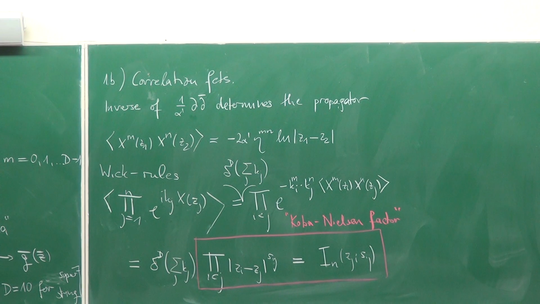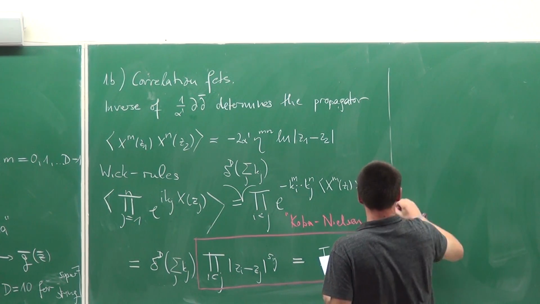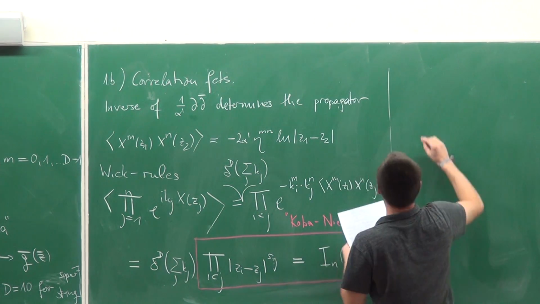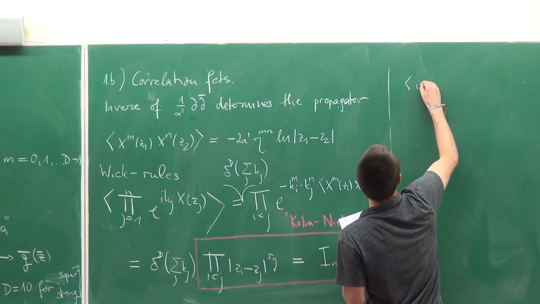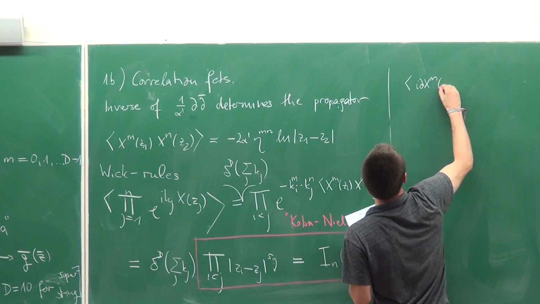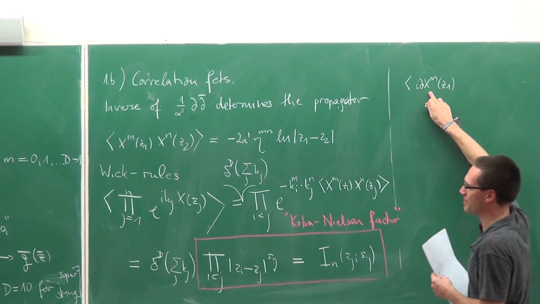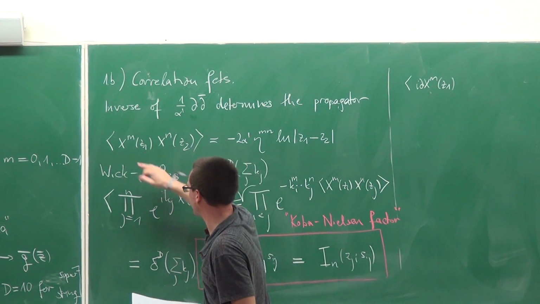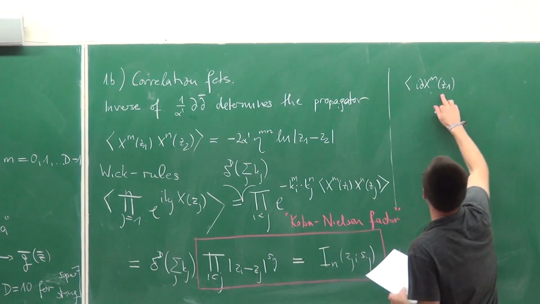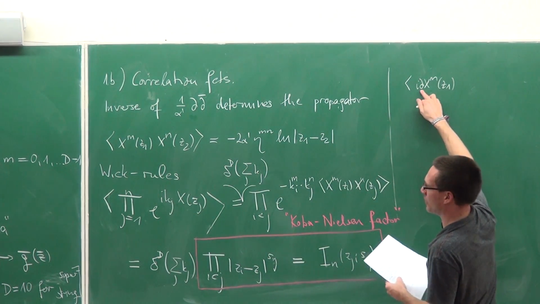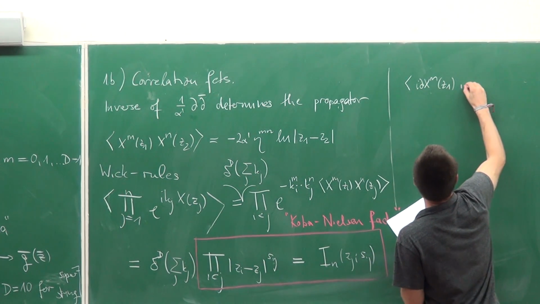Now to finish off the correlation function part. In the context of gluon scattering, you will also meet correlation functions where additional insertions of this type appear, the field x not inside the exponent, but just outside in the form of a z derivative.